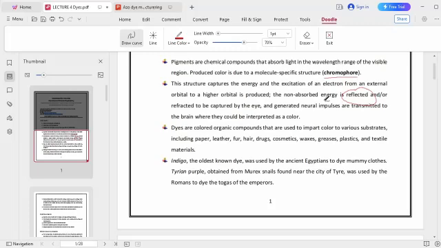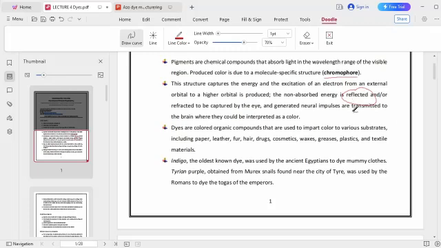So there is transmission, there is absorption, there is reflection, then there is scattering. So these are the different ways in which the energy can interact with a pigment or a dye structure. But generally, the color that we see represents the energy that has been reflected.